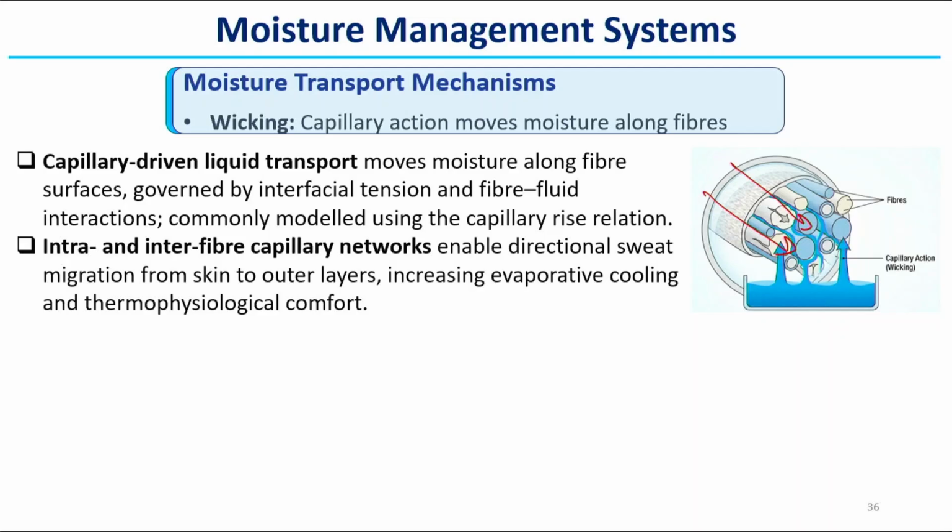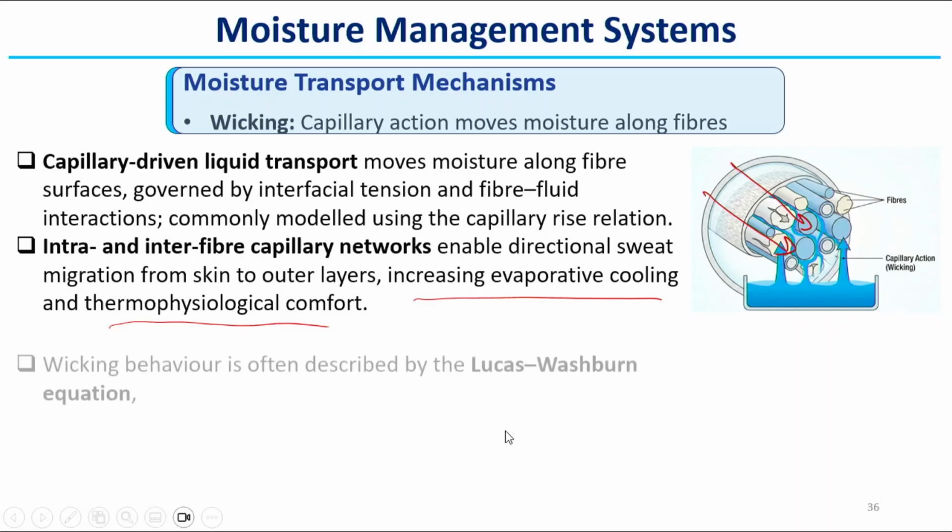Intrafiber and interfiber capillaries increase evaporative cooling and thermophysiological comfort. In extreme heat, evaporative cooling is very important, but in extreme cold normally the sweating situation does not appear. So wicking has hardly any effect, but moisture vapor transmission is always there.